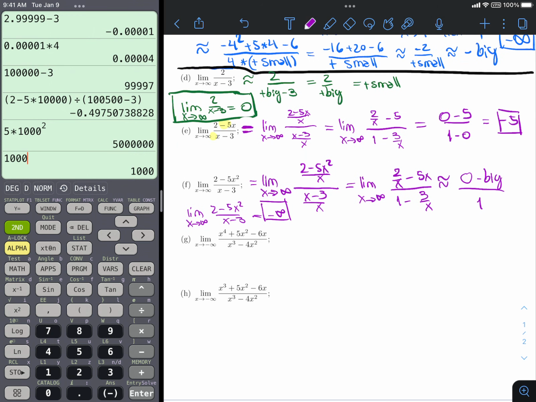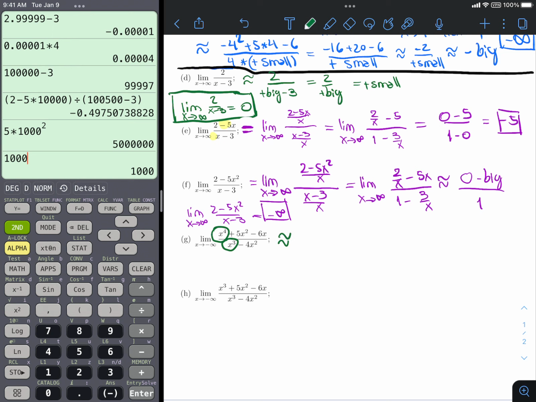So let's try and think about it that way for G, and I'll end there. On G, x is getting very, very negative and very, very big, so all that matters is the leading term, because all the rest is still going to be big, but not big enough to matter. At the bottom, the biggest portion is x cubed.